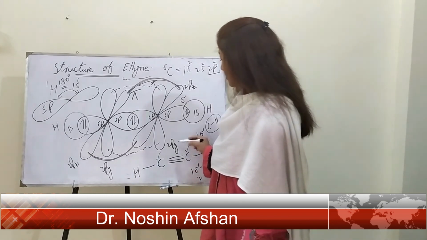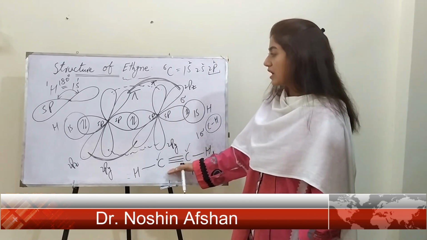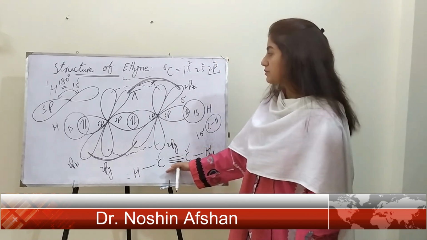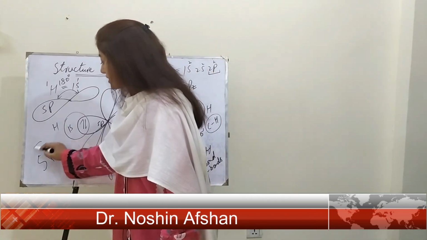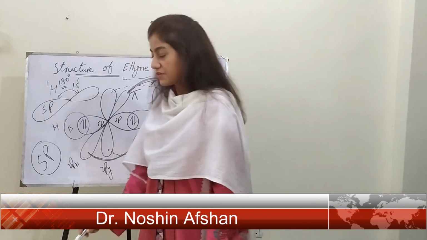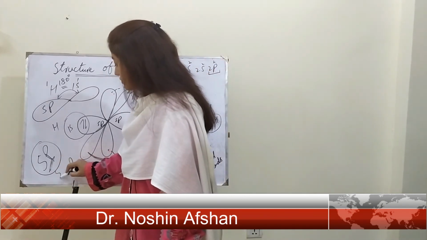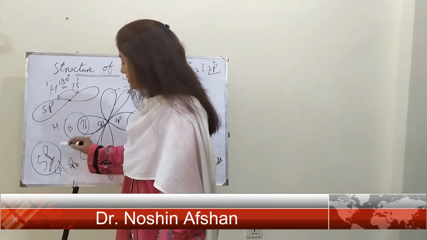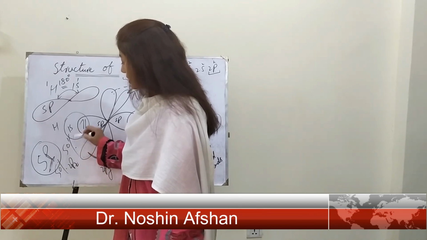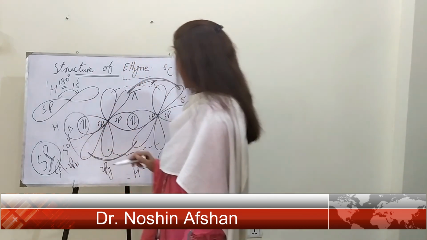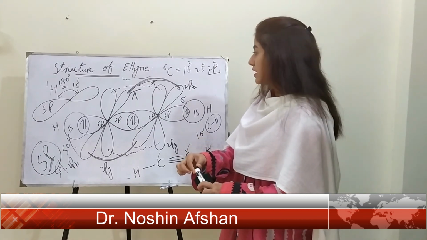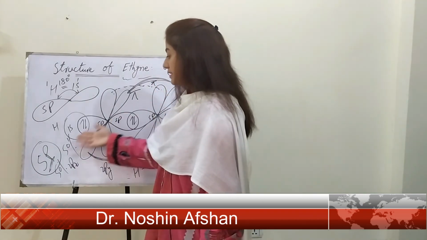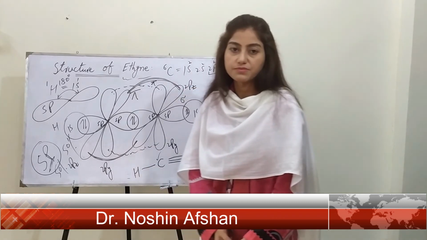In this way, the structure of ethyne can be justified with the help of hybridization, especially sp hybridization. That means there is 50% s character and 50% p character in the case of sp hybridization.